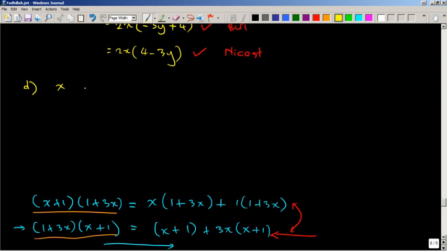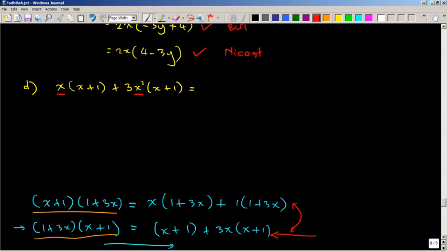X plus 1 campur 3x squared campur x plus 1. Okay. Let's take away the first common expression first, which is x.